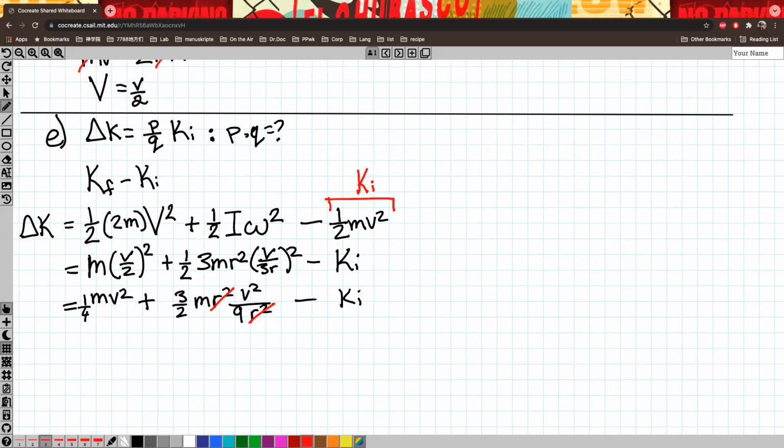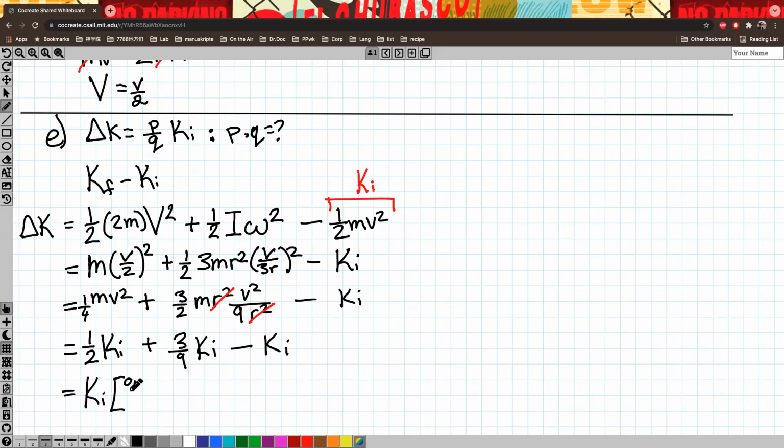Okay, so all right, we have now 1/2 times Ki. That's what the first term is, right? Yeah, plus 3 over 9 times Ki, right? This is mv squared over 2 times 3 over 9. Okay, minus Ki. So now we can factor out a Ki, right? Yeah. So this is over 18.